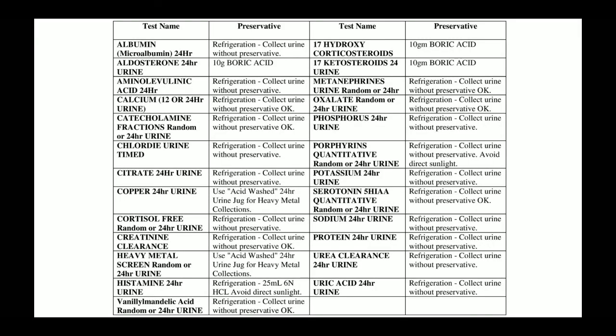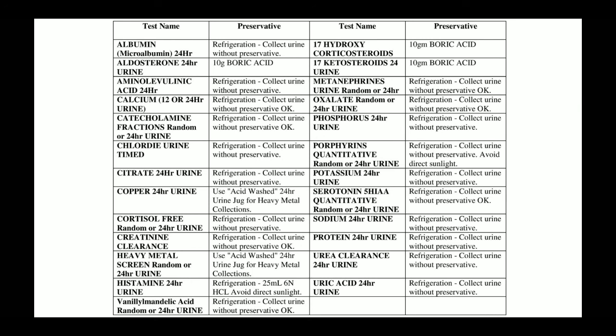Here it is a list, and you can see it is a very long list, and in this list we can see different types of test names and what type of preservative can be used in that test. So you can pause this video here and see the whole chart. Suppose the first one is albumin, we are looking for urinary albumin, then it's written 24 hour, that means we have to collect the 24 hour sample.